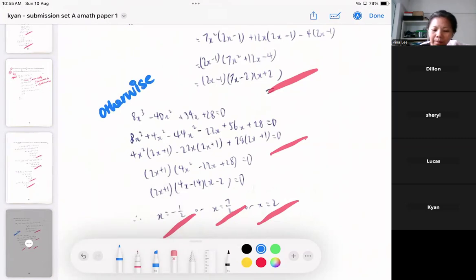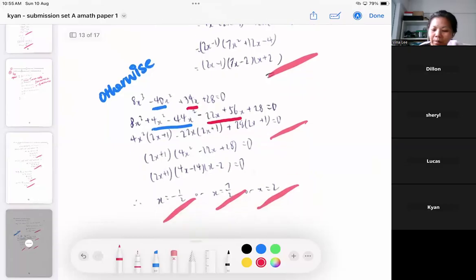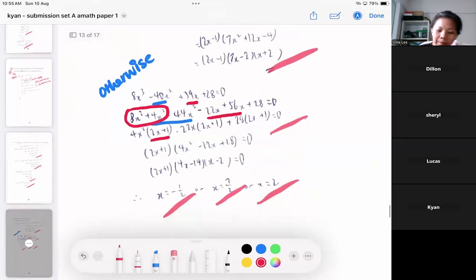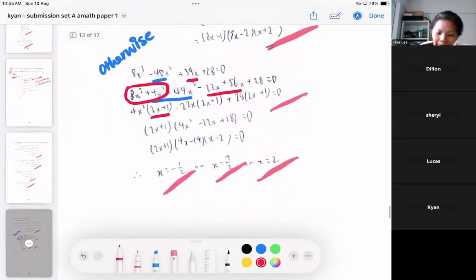he broke the numbers in such a way that he can factorize, and eventually he can get a common factor.